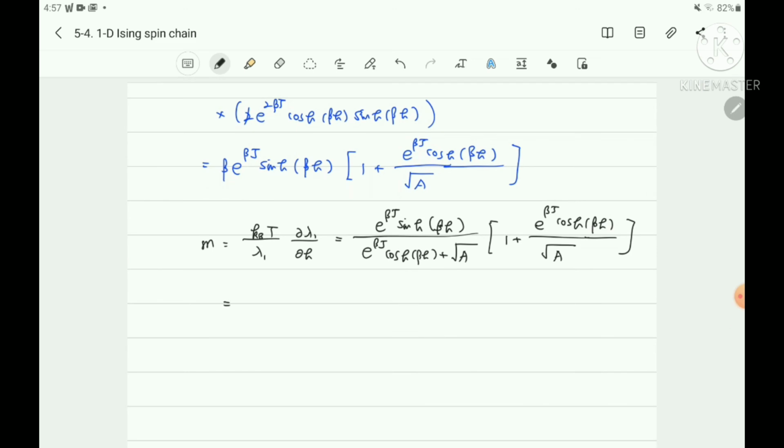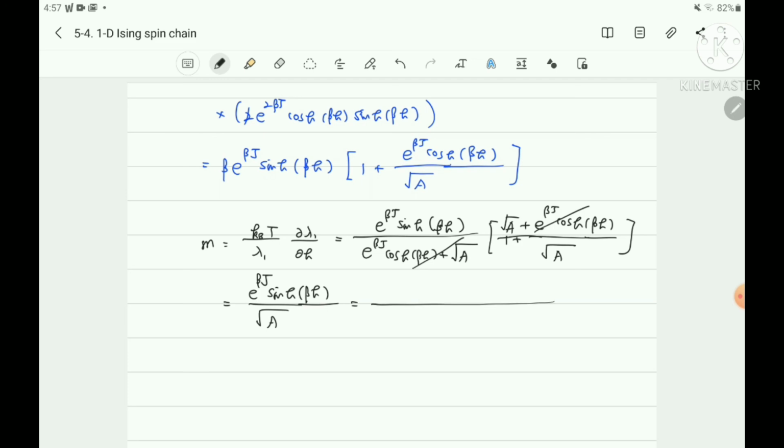Then the numerator and denominator cancel, because square root a plus exponential beta j cosine hyperbolic beta h cancel with each other. Therefore, it is square root a exponential beta j sine hyperbolic beta h.